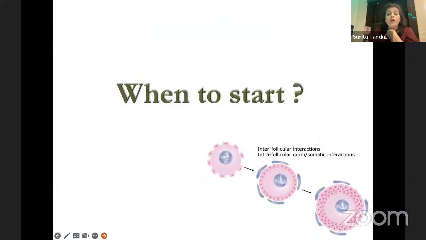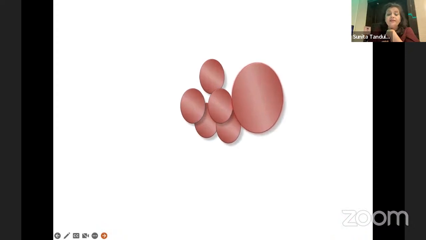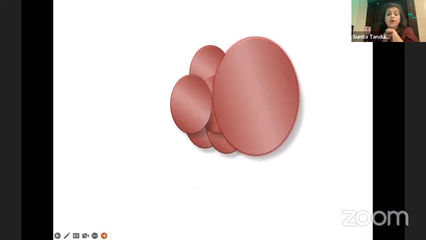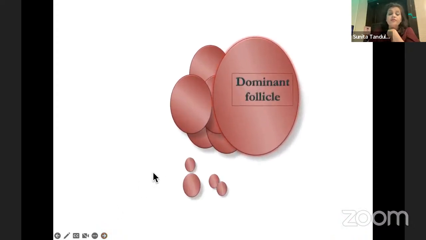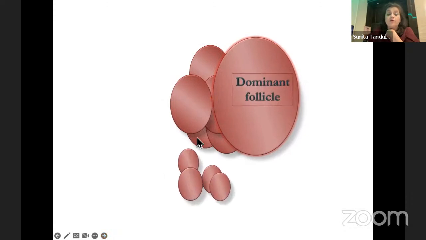Now, when do I start? I understand which patients I want to do. What is important is when to start. So I tried to make it in one slide for you to understand. This cohort is started on day 1, day 2 of the menses, or with the new theories, in the previous luteal phase itself.